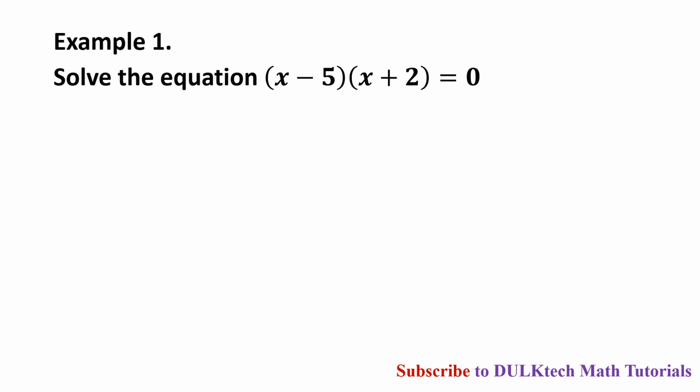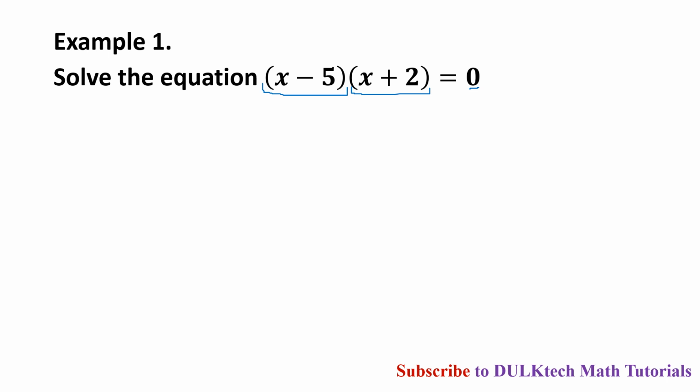Right, in this case we have two factors. We have this factor in the brackets, x minus 5, which is a factor of this one, x plus 2 in the bracket as well, and the product is 0. There's no way we can get 0 after multiplying non-zero factors.